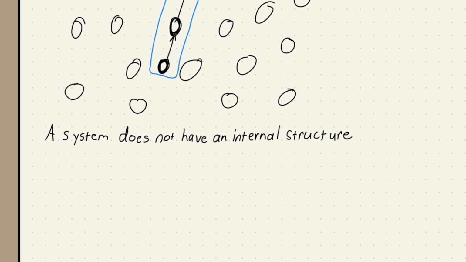And so we can represent a system. Most of our systems can be represented as point masses. So this is just all the mass being compressed into a single point that's very, very small, and it lies right at the center of mass of that object.